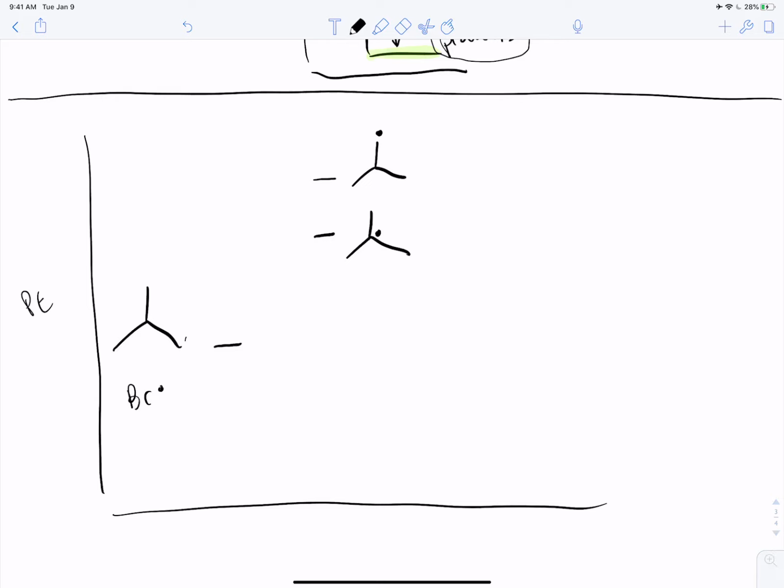So I've got my potential energy plot over here, and we're looking at these intermediates because that's the important thing. I can either go here or I can go here, and then I go down to my products.